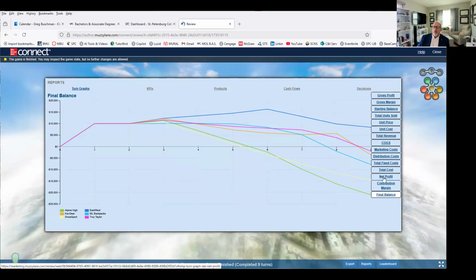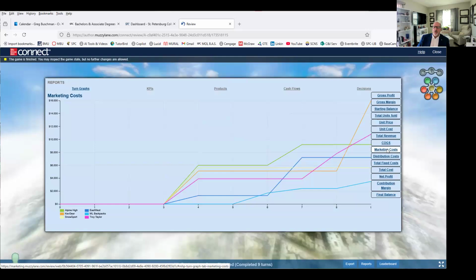Let's go back to marketing costs for some of the others. For the light blue team, one of their issues is they probably aren't spending enough money on marketing. They should up that, because marketing is how you make people aware of your product and how you actually sell your product. So their fatal mistake probably was not spending enough on marketing.